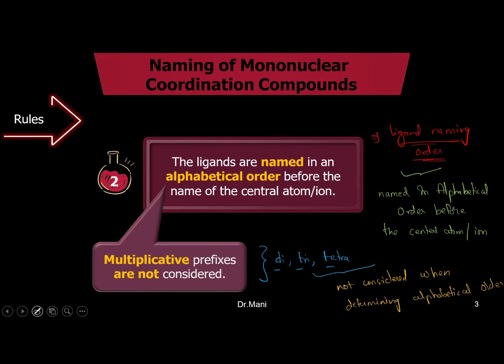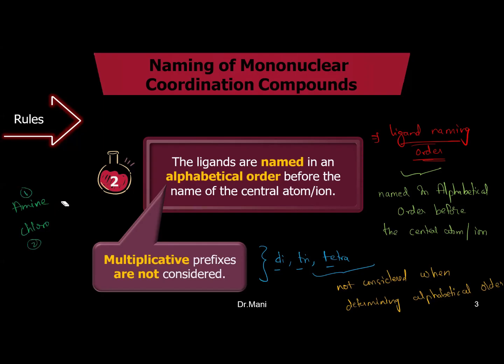You can take an example like this. Suppose you have an amine ligand and a chloro ligand. Which one will we choose first? Amine will be first, and then chloro.